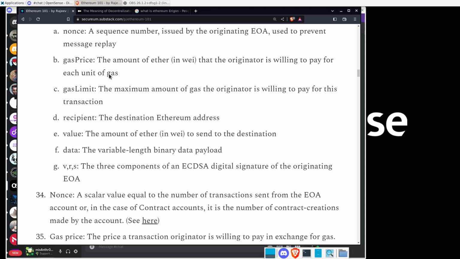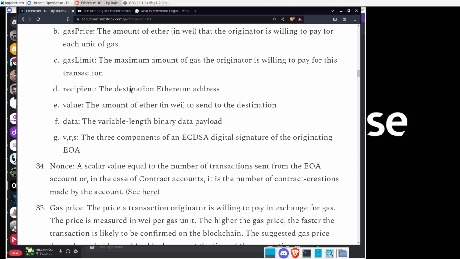So here's for the unit and here's for the transaction. Recipient, who's receiving that transaction, because every transaction is going somewhere, right? Value, the amount of ether in wei to send to the destination. Data, the variable length binary data payload.